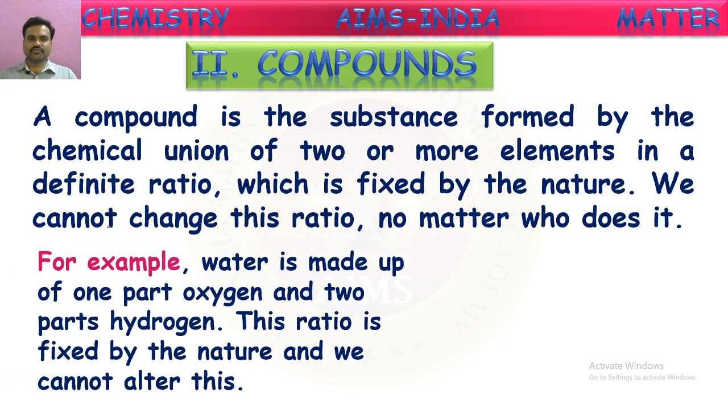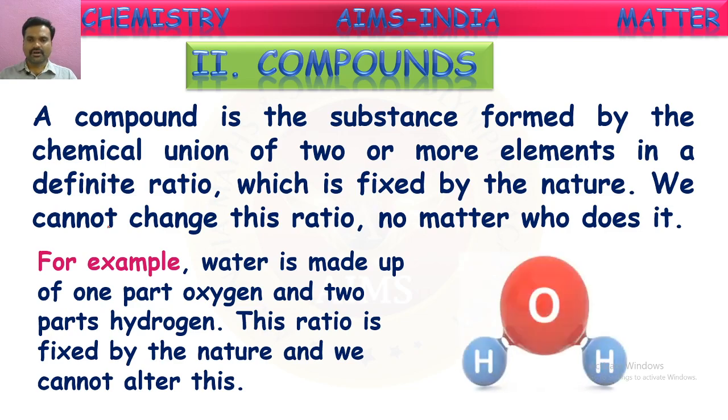For example, water is made up of one part of oxygen and two parts of hydrogen by volume. This ratio is fixed by nature and we cannot alter this. So, wherever you collect water, if you observe the chemical composition of water, in the formation of water, two volumes of hydrogen will combine with one volume of oxygen.